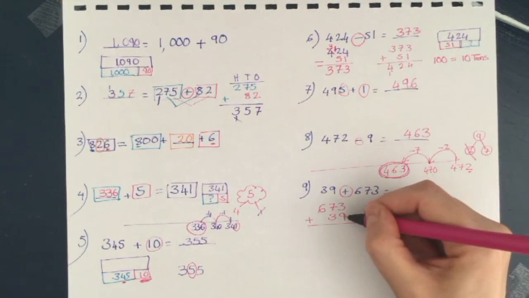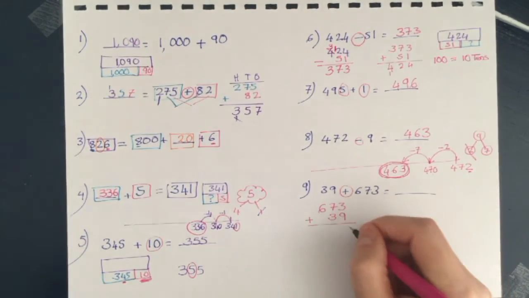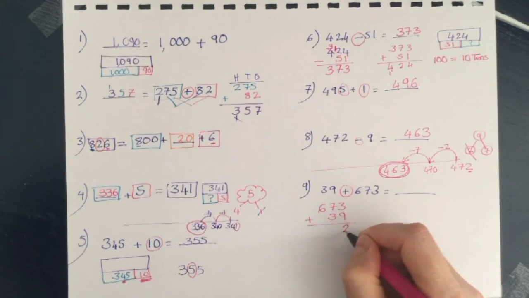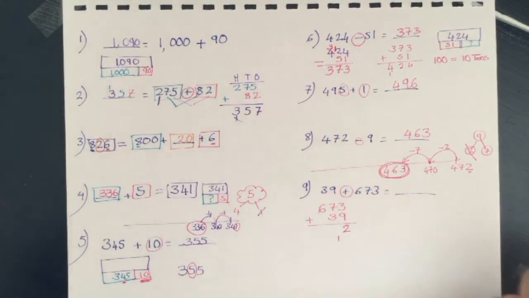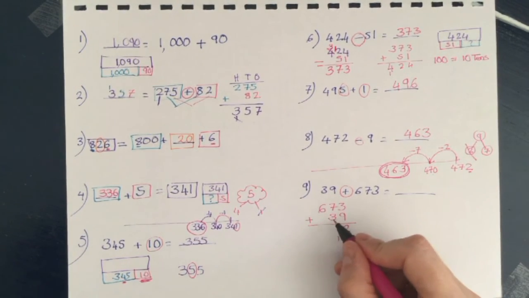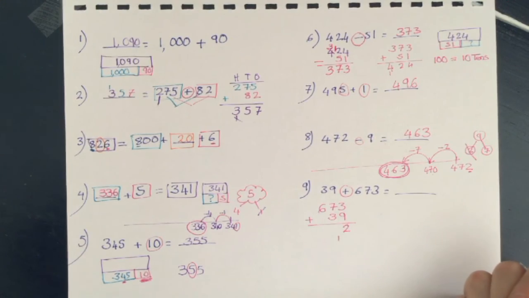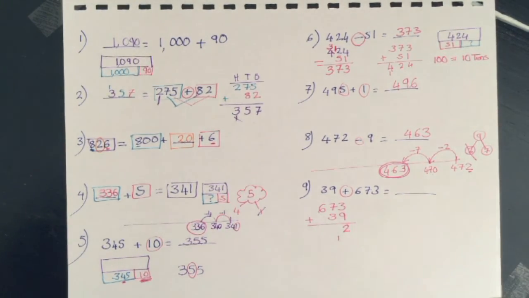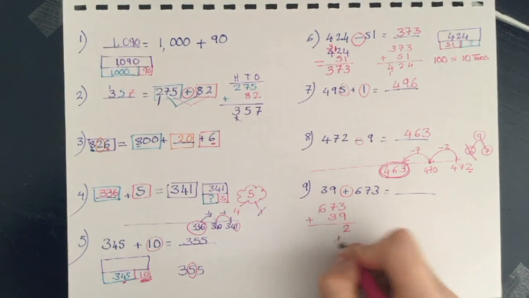3 ones, add 9 ones, 12 ones. I need to unitize. 12 ones is made of 2 ones and 1 ten. 7 tens, add 3 tens equals 10 tens. Add 1 ten equals 11 tens.